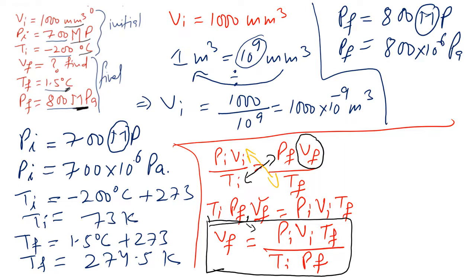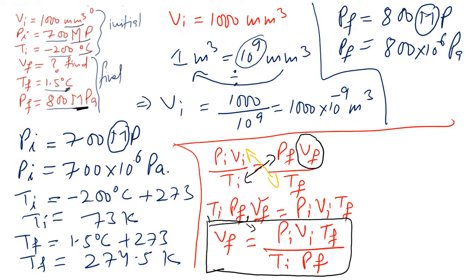The value of the Ti is this one, and the Tf is given. This is 1.5 degree centigrade. So you add 273. So it will be 274.5 Kelvin. So this is the value of the Tf. Now we will move to the other pressure value.